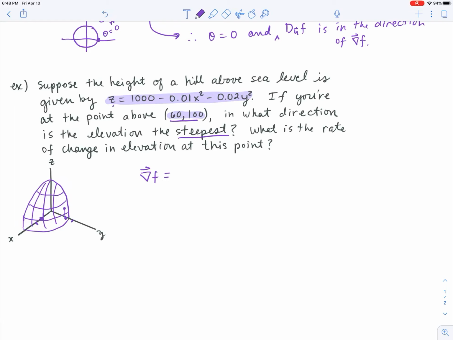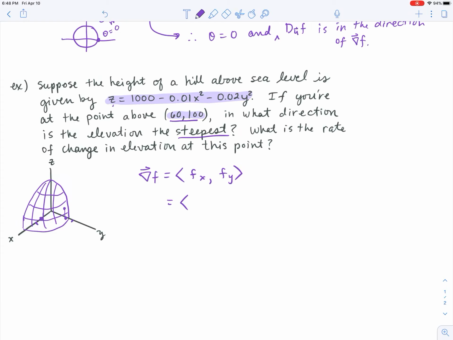So the elevation is steepest in the direction of the gradient vector. And the steepness, the change in elevation, is equal to the magnitude of the gradient vector. So the gradient vector is equal to fx comma fy, which in this case, we're taking the partial derivative with respect to x of z.